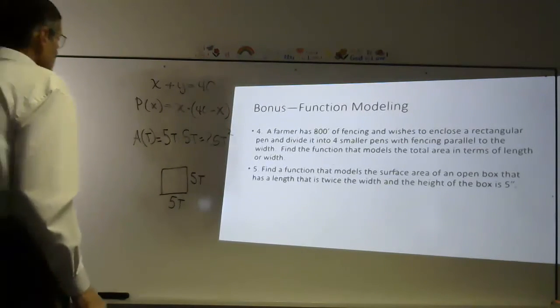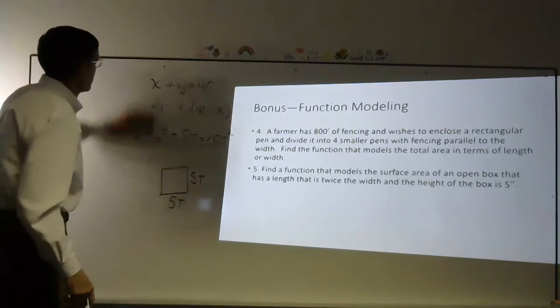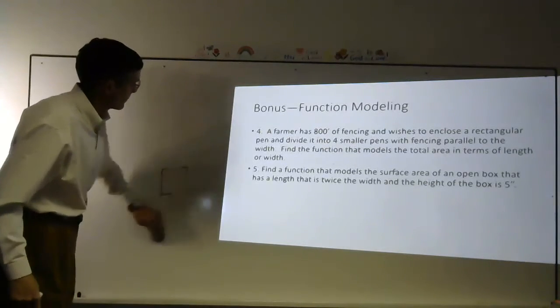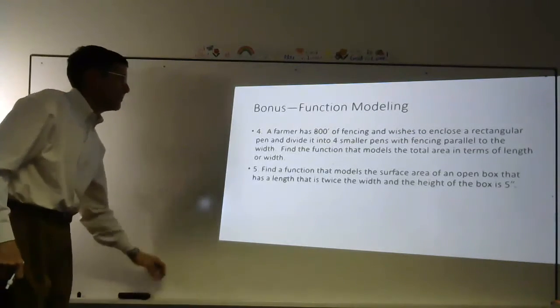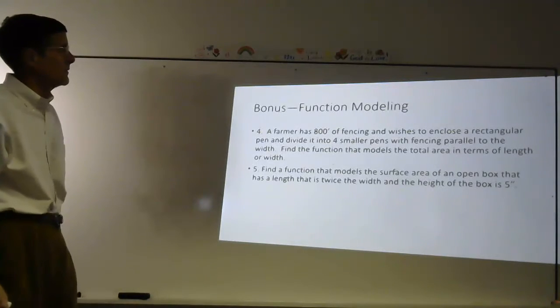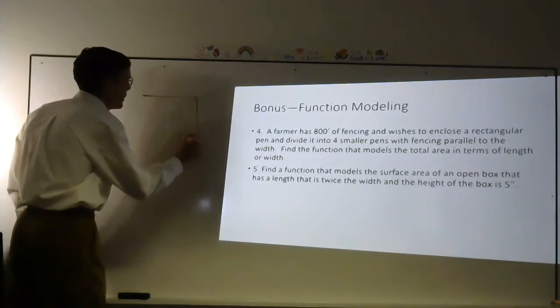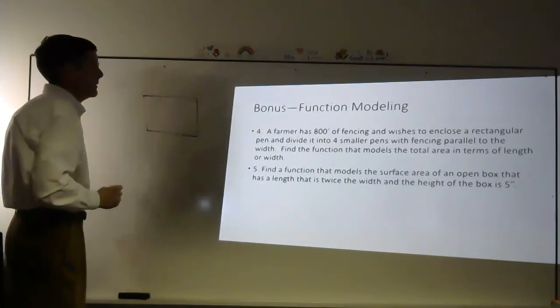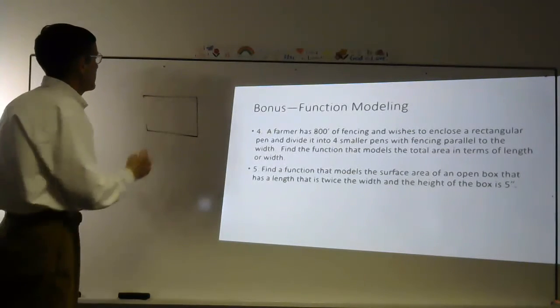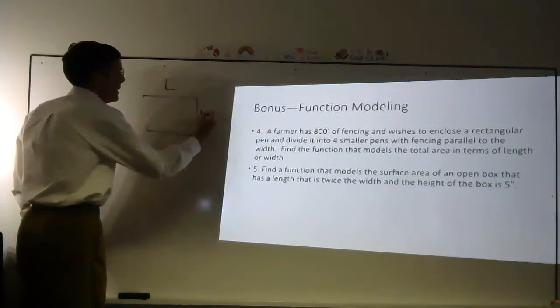Another one. Love these farmer problems. Farmer problem. A farmer has 800 feet of fencing, wishes to enclose a rectangular pen. Draw a picture. Okay? We have a length. We have a width.